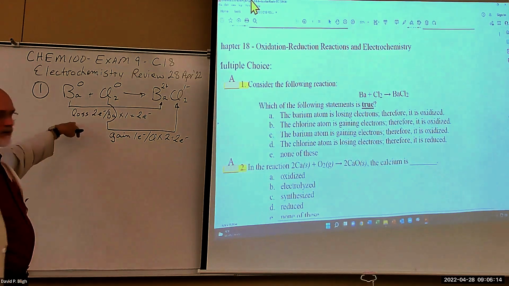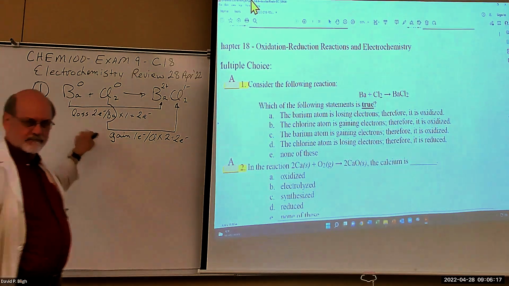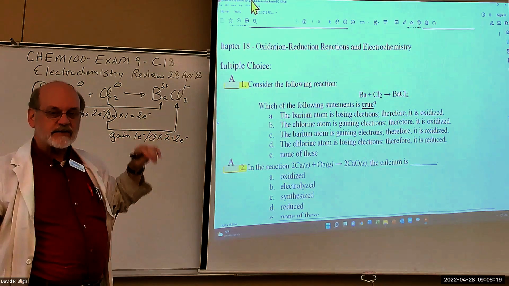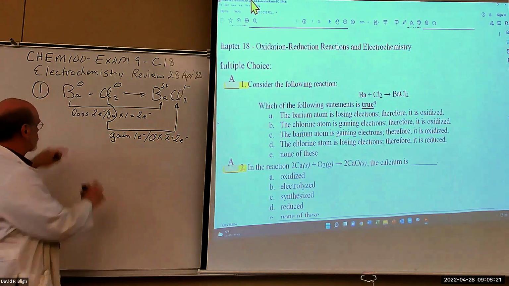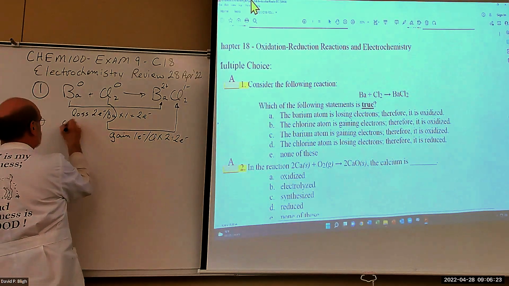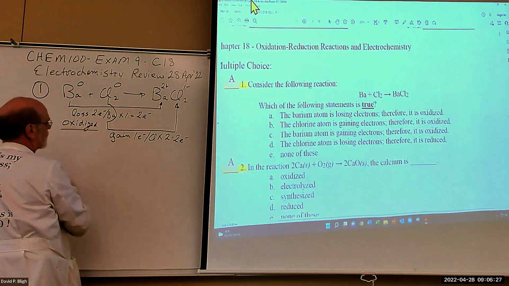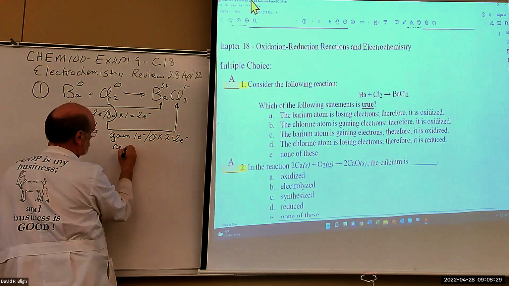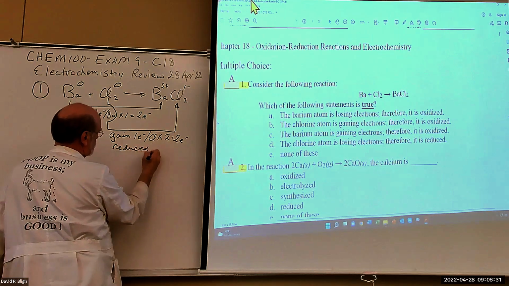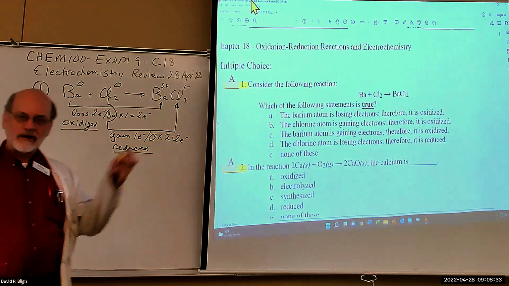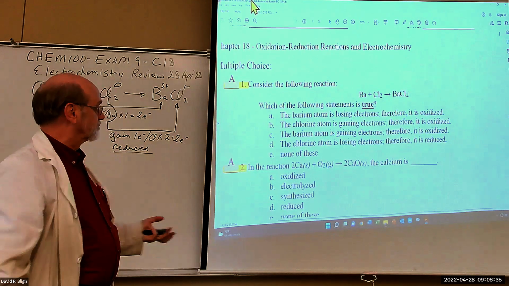Okay, so what has happened to barium? Oil rig. Oxidation is loss, so loss is oxidized. And gain is reduced. Okay. Now we can look at our answers and see which one's right.